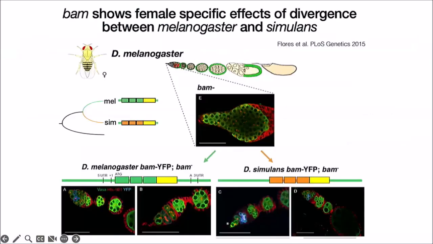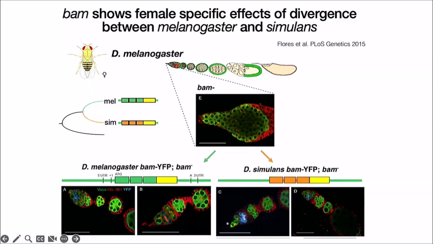Okay, so the first thing we did in finding this result was to ask, what are the consequences of all these amino acid changes? Does it have any functional consequence, and is it males or females it affects? At this point, almost 8 years ago or so, we generated a transgenic fly using site-specific integration.